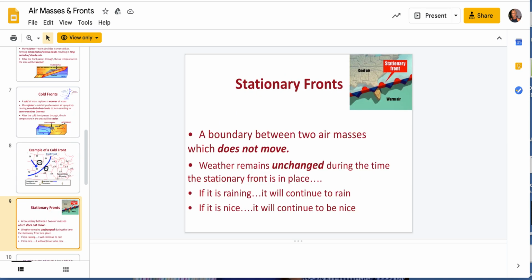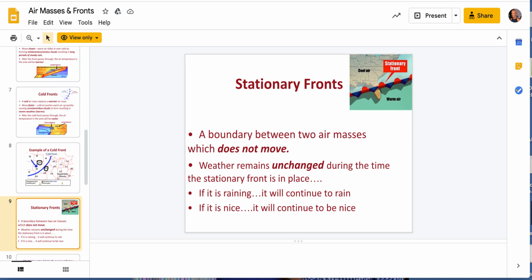All right, stationary front. And you have a note sheet like this to put in your science journal today. Stationary. If something is stationary, that's where it's at. These are a boundary between two air masses, and it does not move. So whatever that weather is, it's going to be unchanged.